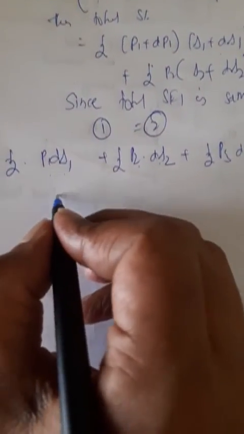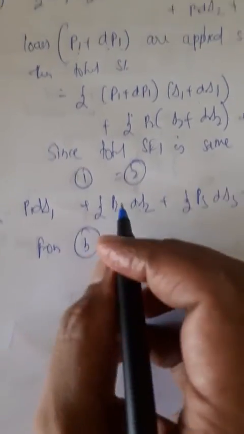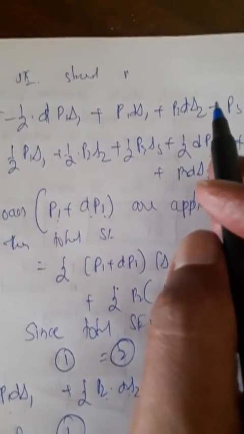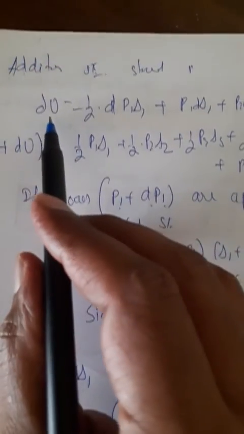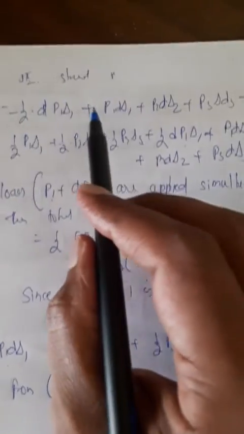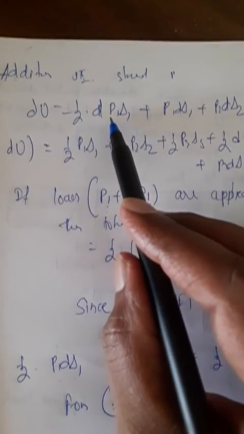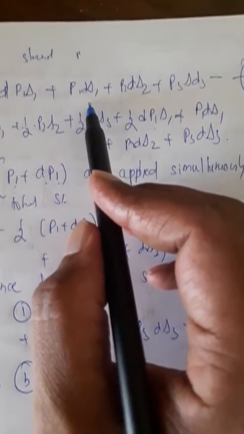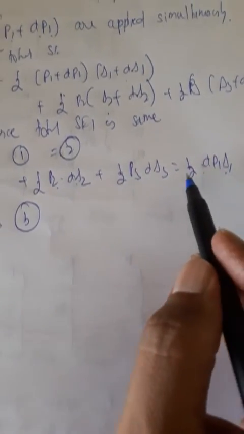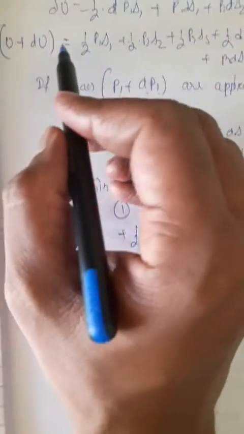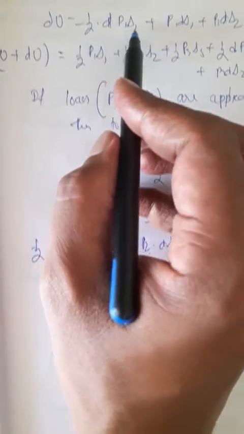Now let's look at equation B. dU minus half d of P1 delta 1 is equal to P1 d of delta 1 plus P2 d of delta 2 plus P3 d of delta 3, and these three terms are nothing but dU minus half of dP1 delta 1.